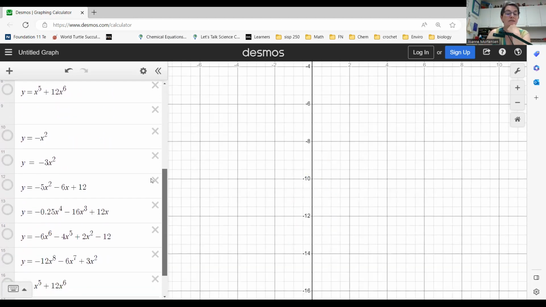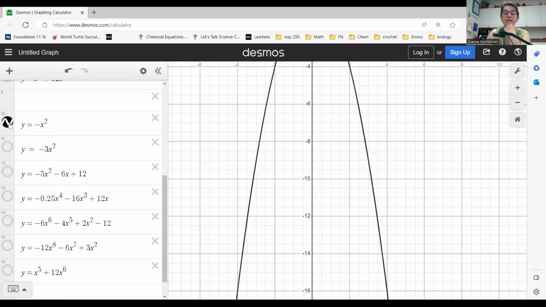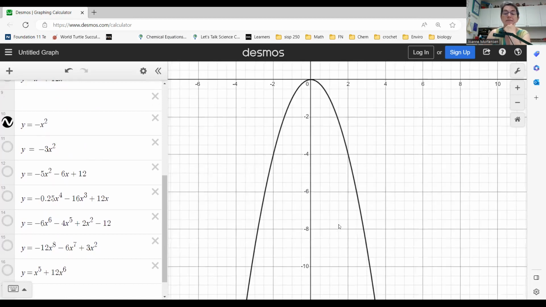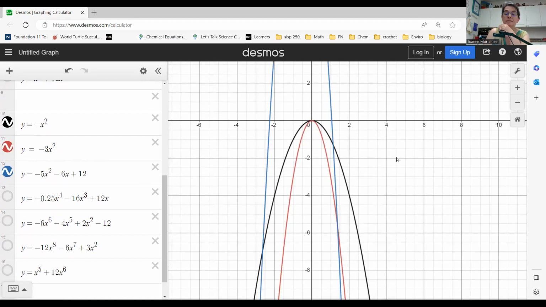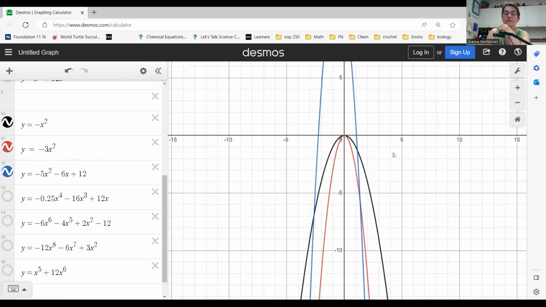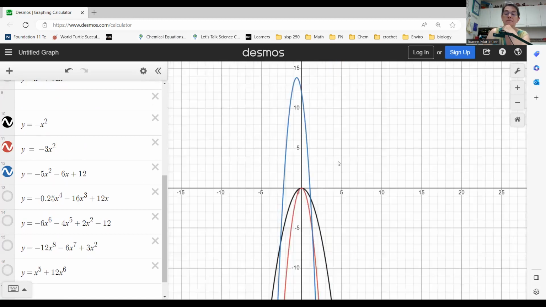I'm just going to scoot down to this one. It's the same set of equations. If I go negative, they're going to start in 3 and end in 4. So here we go. I'll zoom out so we can find the top of that one.